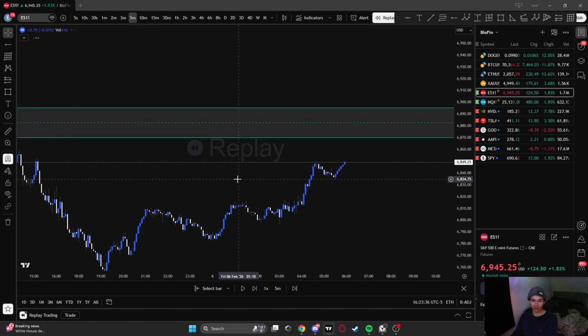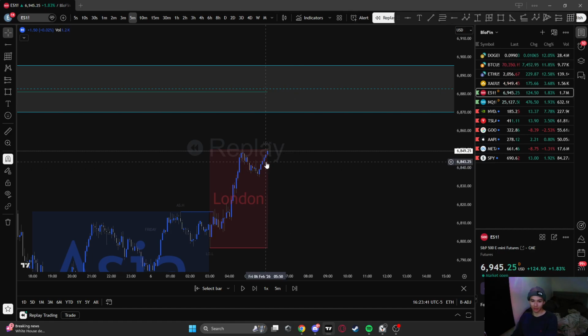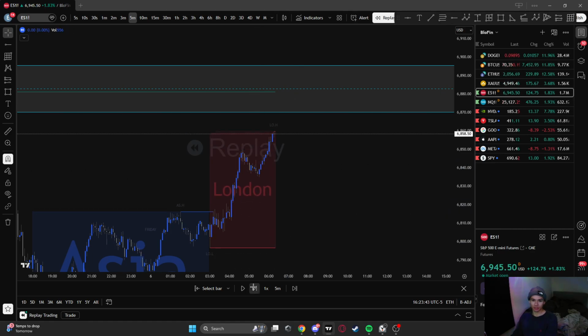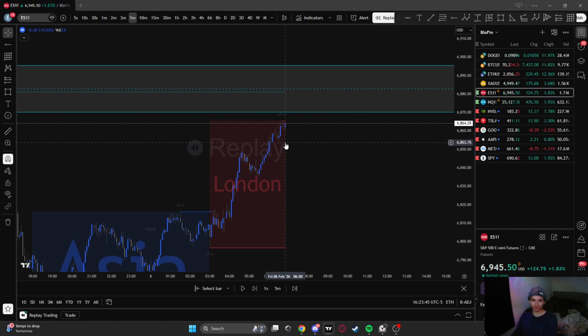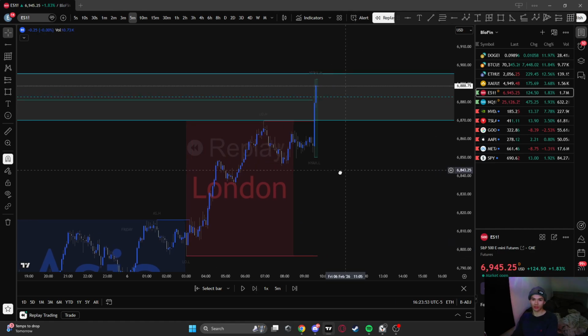I was really looking at this 4-hour gap, and I wanted to see price come up into it and then reverse off of that. So today was definitely a little bit of a different trade.